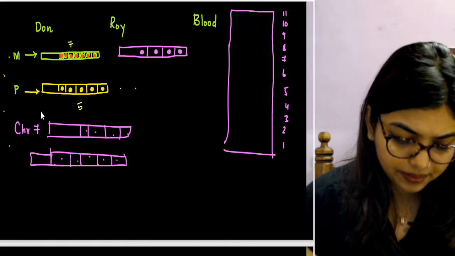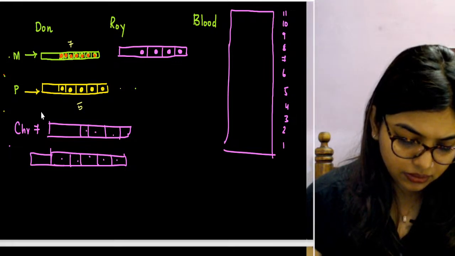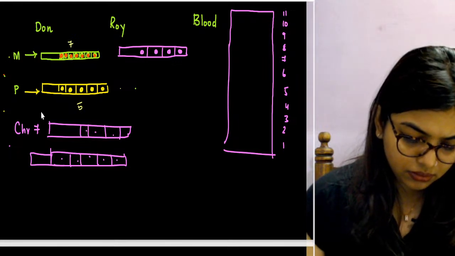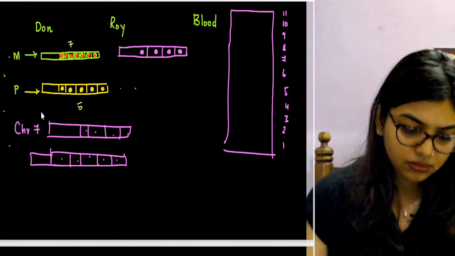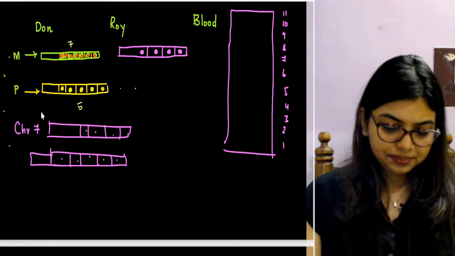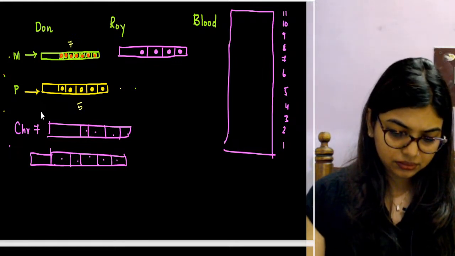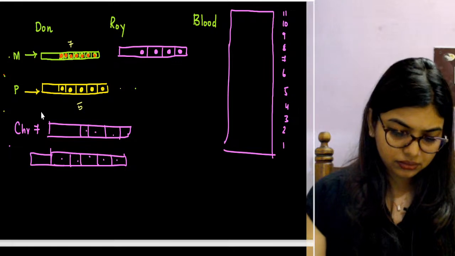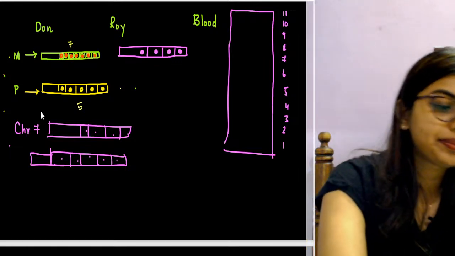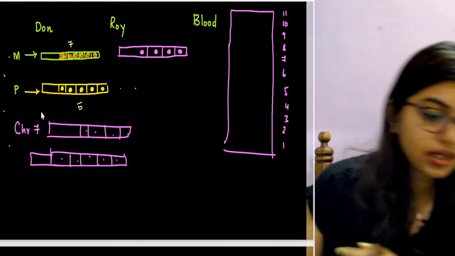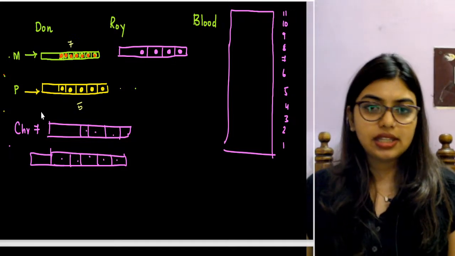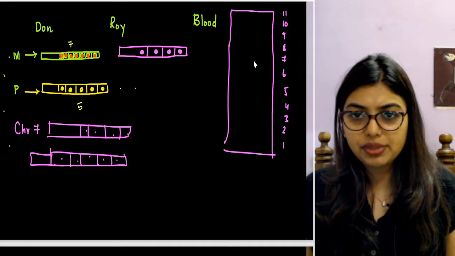Answer. That is C, 7. Okay, Dawn's is going to be somewhere here.